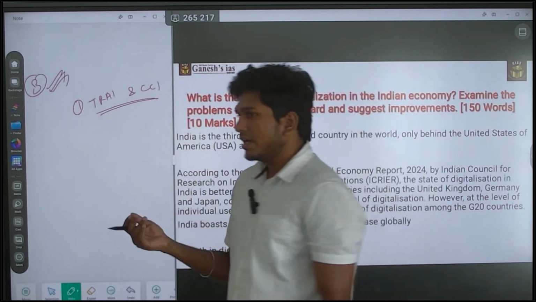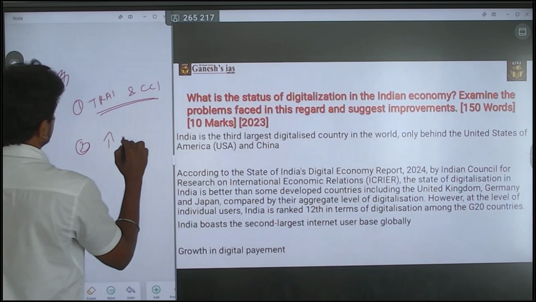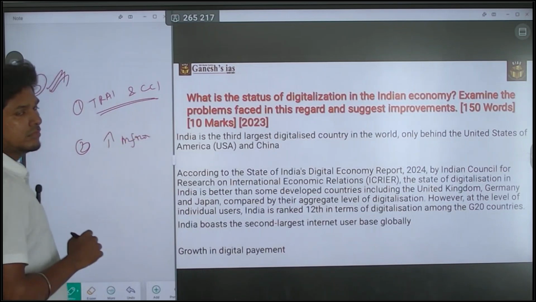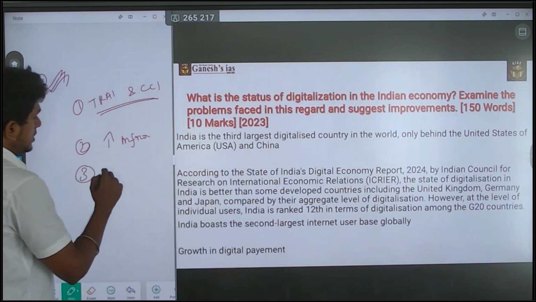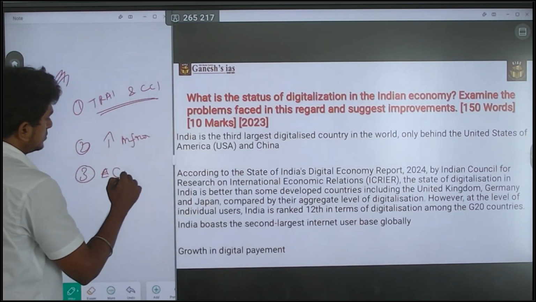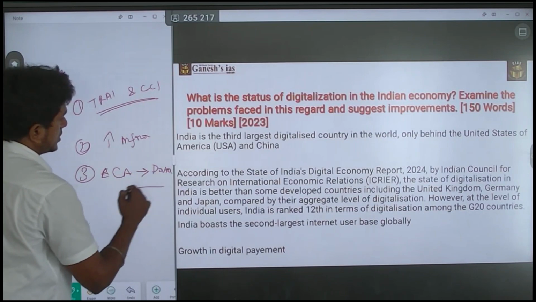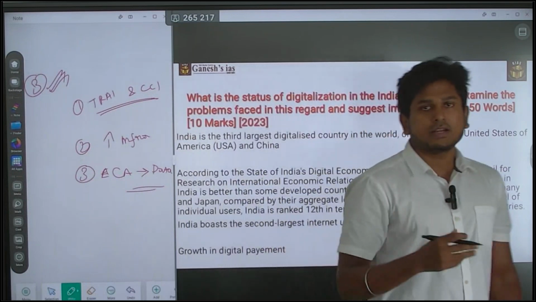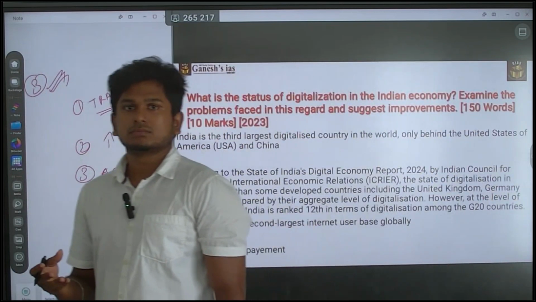And then you can say increase the infra. Third thing is, in the Essential Commodities Act, incorporate data also as an essential commodity.